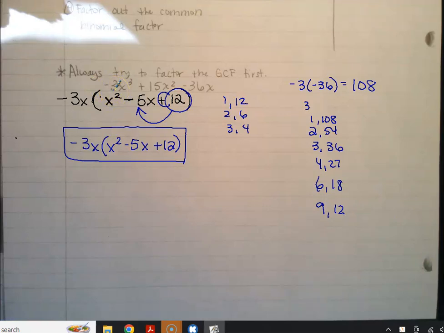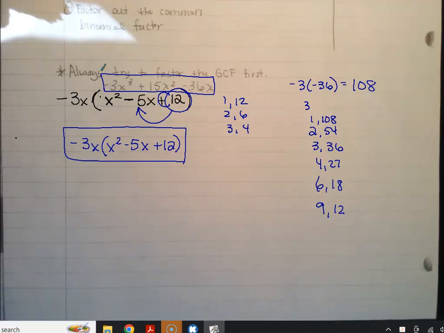If you were asked to factor it, leaving it in this form is not factored. You would have to take it and factor something out. Does that make sense? Sometimes we just can't factor the trinomial piece down to 2 binomials. Okay. All right.